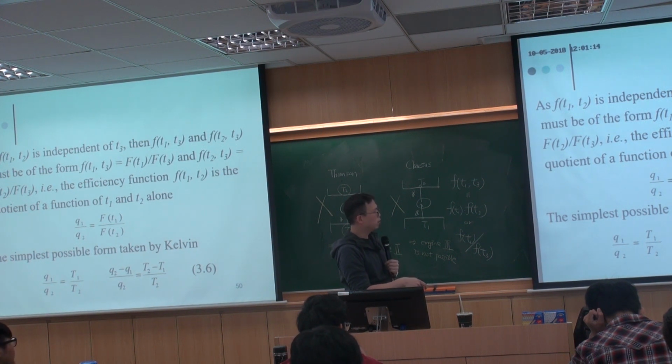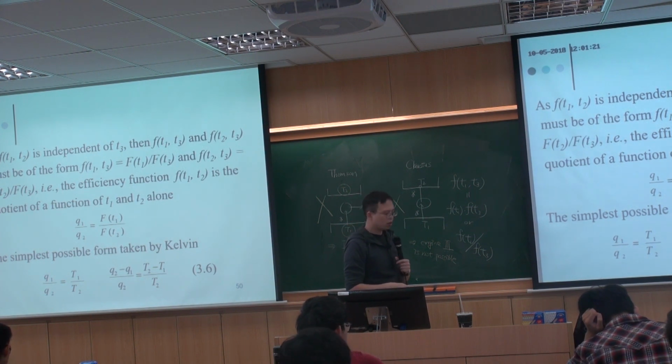And therefore, this ratio, which defines the efficiency, should be T2 minus T1 over T2.